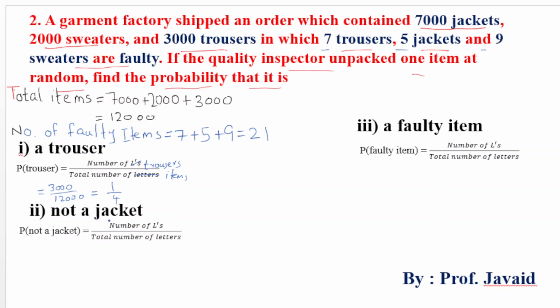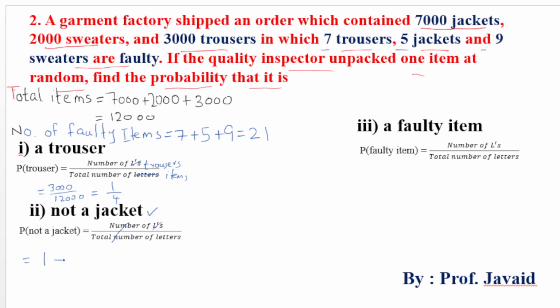Okay, not a jacket. When there is a question like this, not a jacket, not a variable, or not an object, what do we have to do? So the probability of not a jacket, this formula will not apply.